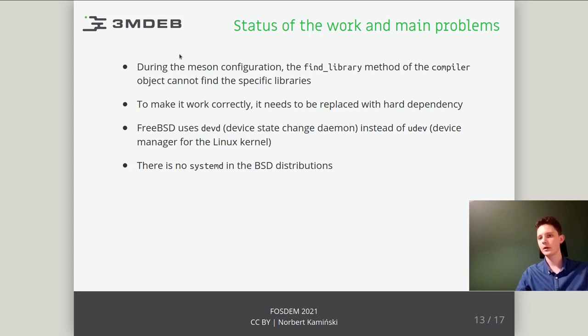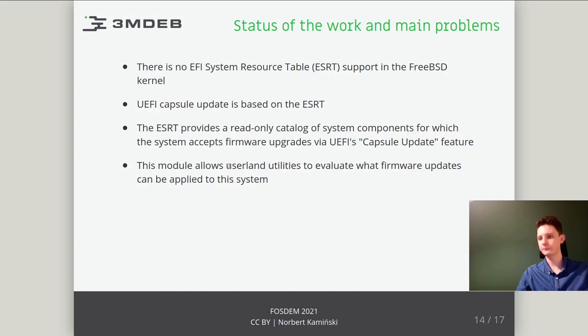FreeBSD also uses devd instead of udev, so we have to turn off all plugins that are using udev, or at a later stage we can just replace udev with devd. Also, there is no systemd in BSD distributions, so we have to turn off this option.